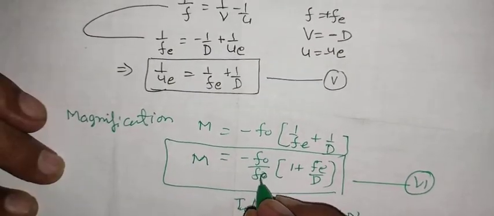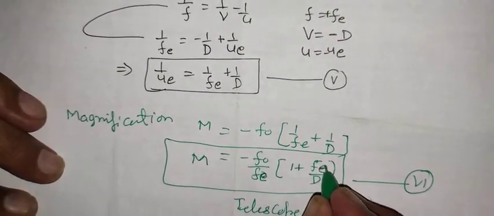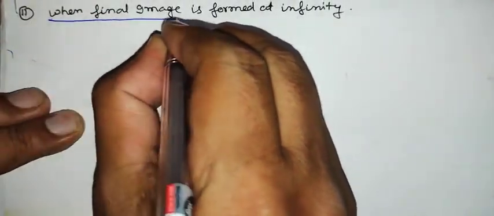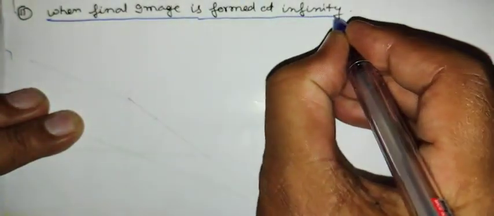We will now see the second case of the telescope, when the final image is formed at infinity.